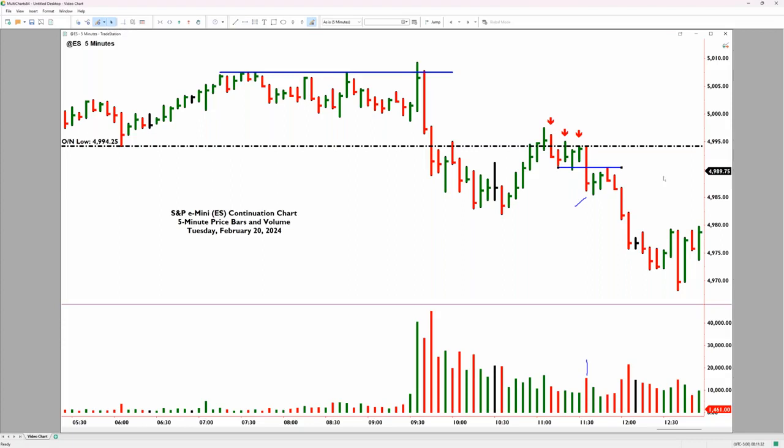And just like earlier, old support, now as we approach from underneath, becomes resistance. Look at the low volume as we try to rally up. The volume tails off. Then we get a reversal bar here. This is what we also call a hidden upthrust.